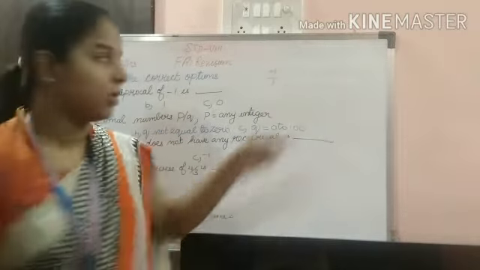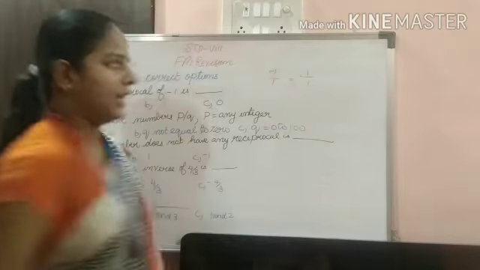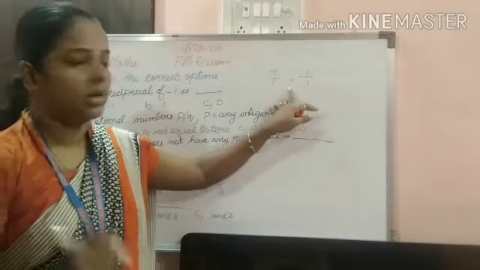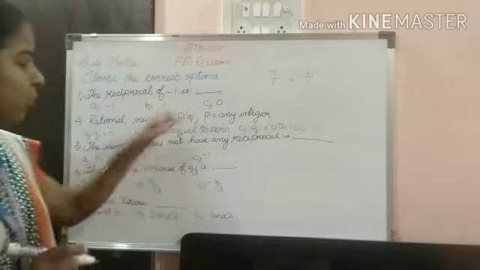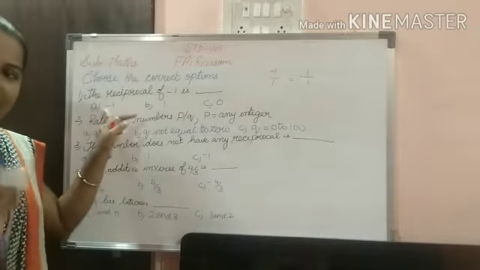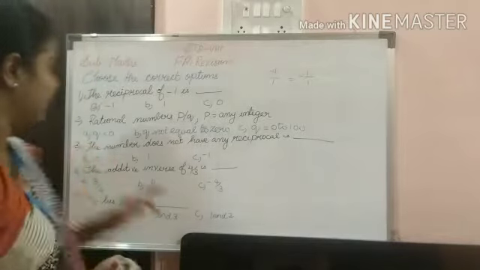What will be the reciprocal? The reciprocal will be -1 by 1. The minus stays as it is in the reciprocal. So the option is A. The reciprocal of -1 is -1 only. Understand students? Let's move on to the next question.